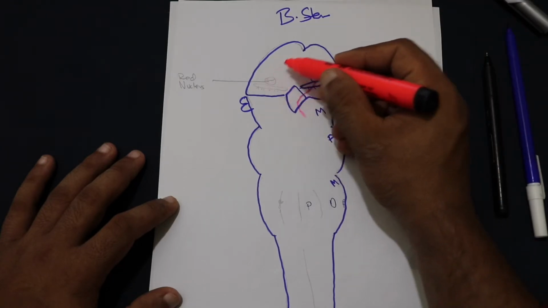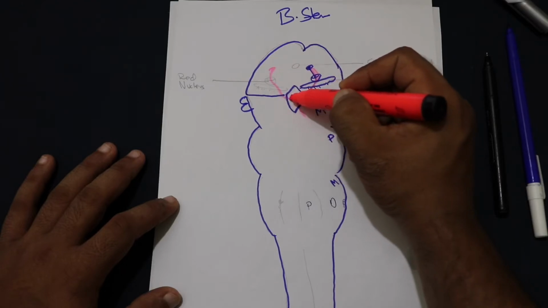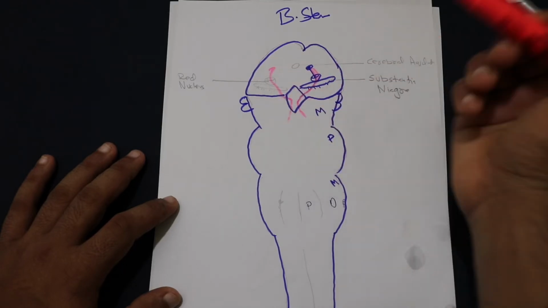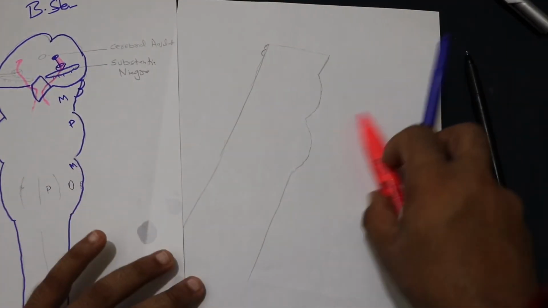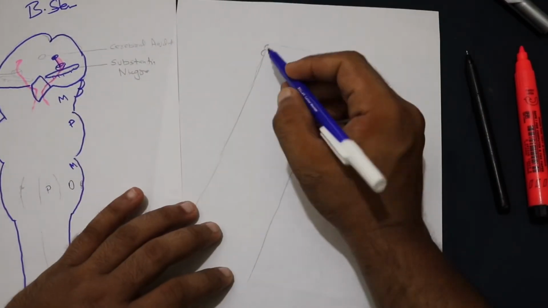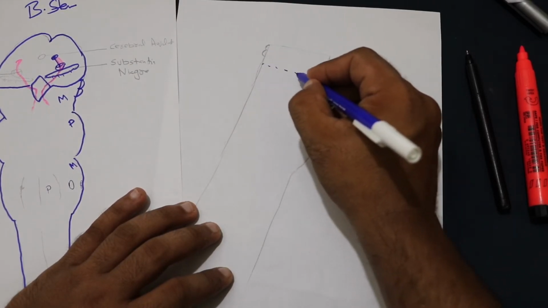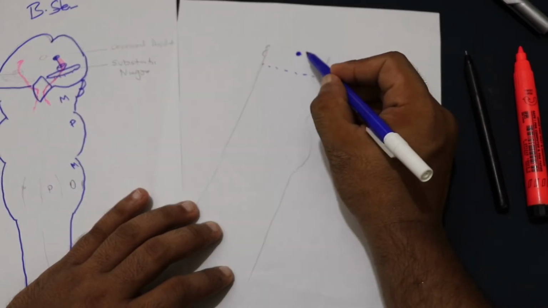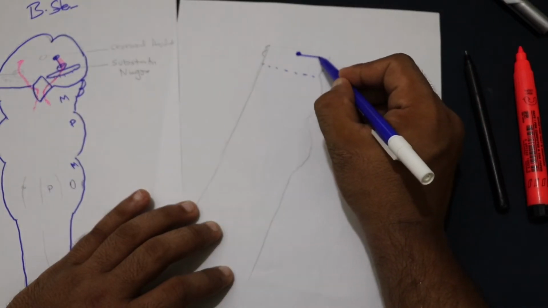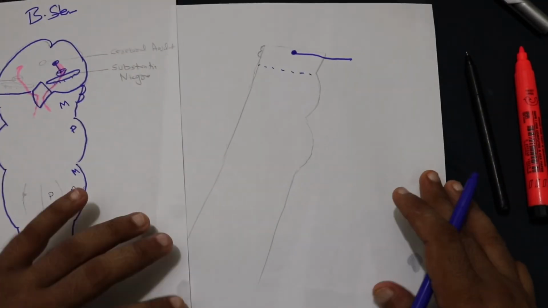The same thing happens on the other side. If I use another diagram to explain it, consider this your superior colliculus, and this section, from up till here, is your midbrain. Consider this as your oculomotor nerve, the third nerve, which goes anteriorly. Alright, so this is for the oculomotor nerve.